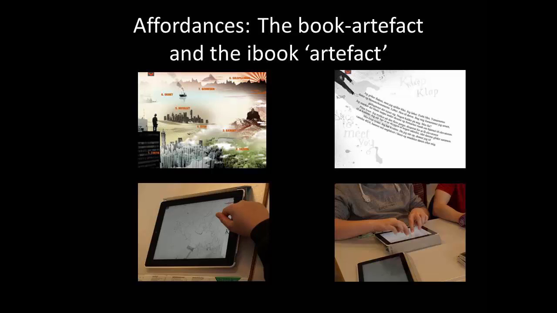I should also say there was some framework around it, so the authors of the book were also involved in the development, so there were some limits to how far the children could come with suggestions of how this iBook should develop.